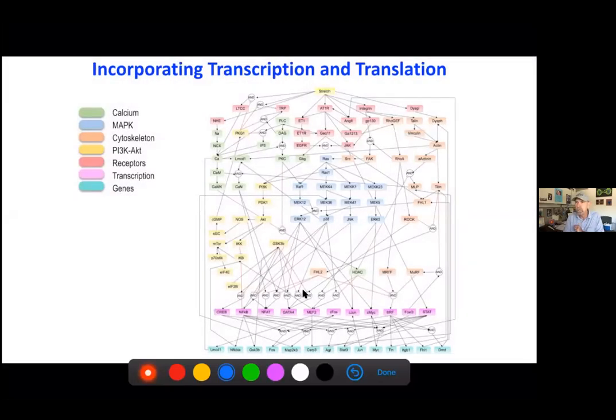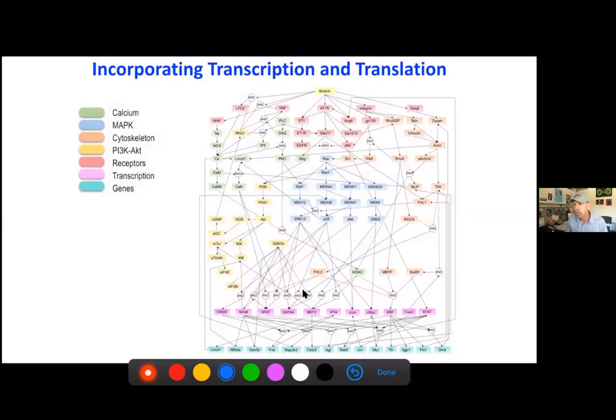And so, to cut a long story short, what we did is create this network model from the literature, either in cells that have been stretched or in hearts that had been hemodynamically overloaded.